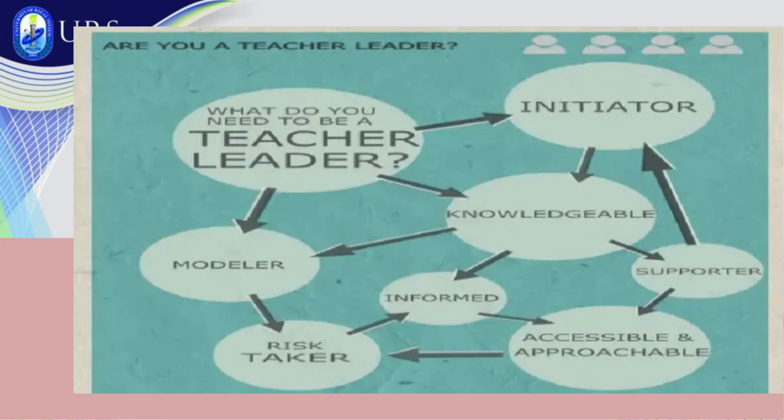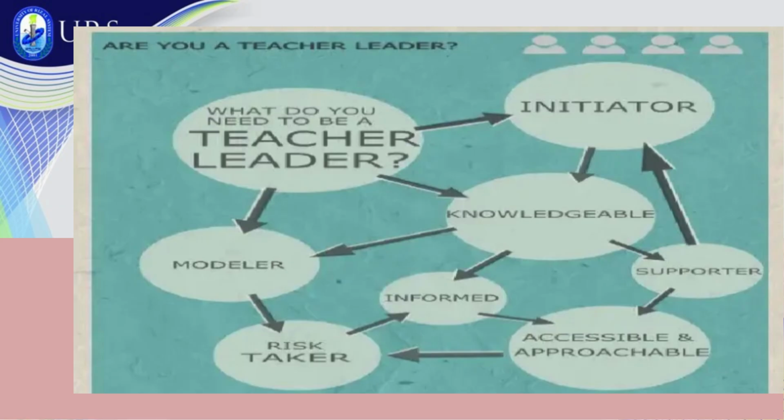An initiator is someone who proactively identifies opportunities. You generate ideas and you take the first steps to implement them. Also, in this type of leadership characteristic, you excel at recognizing the needs in your organization and you take action to address them rather than waiting for instruction.